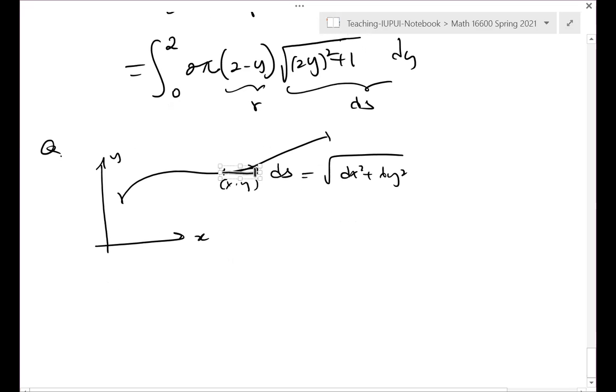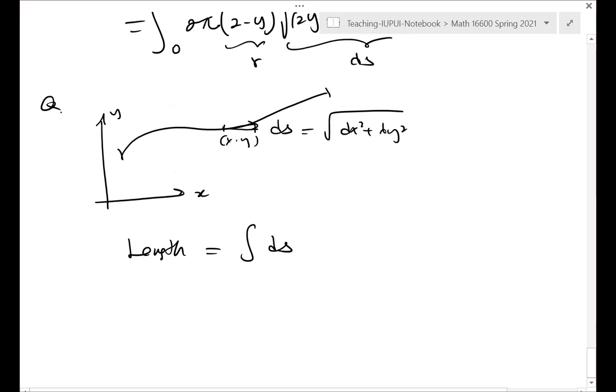The length is going to be the integral of ds. It's a much simpler formula than the area of the surface. Then it's up to you which variable you're going to use.